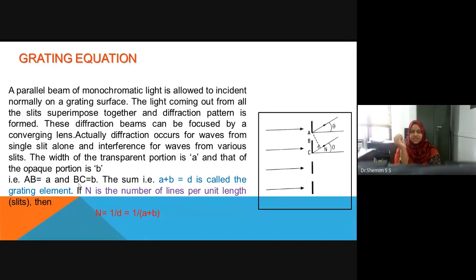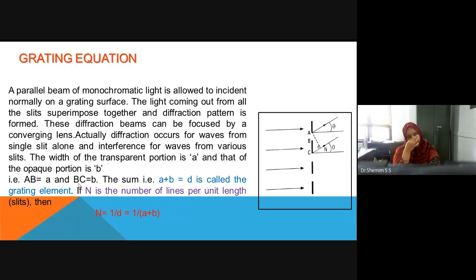So AB is equal to small a and BC is equal to small b. If we take the sum of the widths of the transparent and opaque portions, that is a plus b, which we take as equal to d, and that d is known as the grating element of a grating.